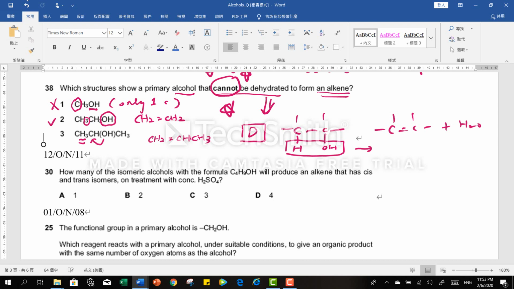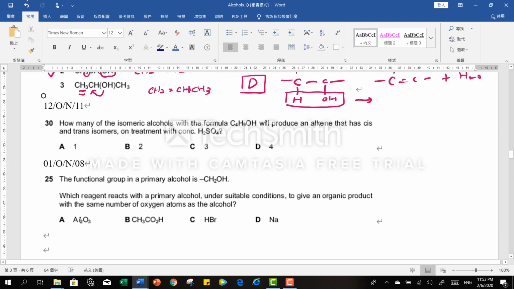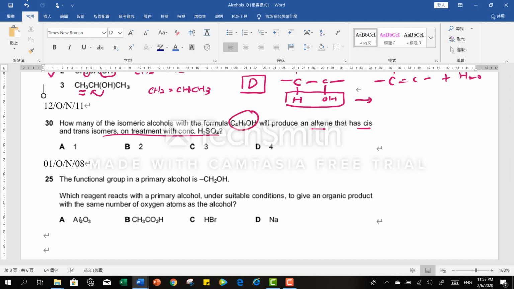Okay, you can go back to the instructions at the beginning of this page. Okay. How many of the isomeric alcohols with the formula produce an alkene that has cis-trans isomerism on dehydration? Now then we have to draw them all out, okay? So the first one is this one. As I said, after dehydration, you will get this one, but-1-ene, right? But-1-ene is bonded with 2 H on this side, so it cannot exhibit cis-trans, okay?